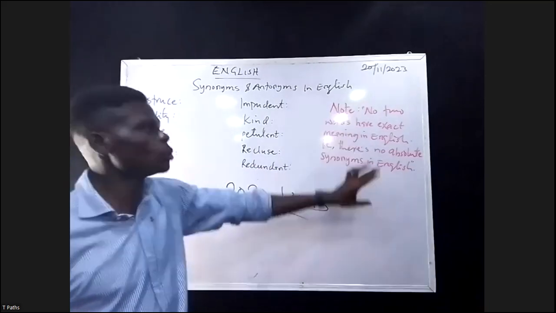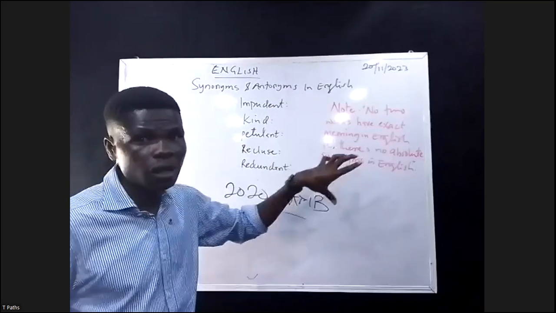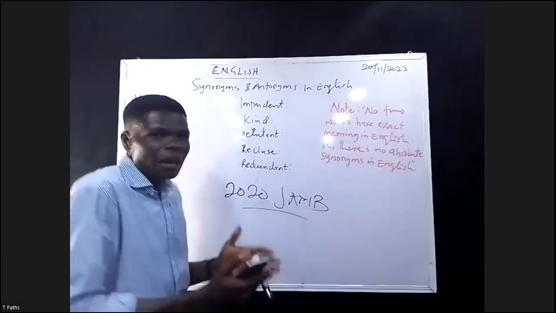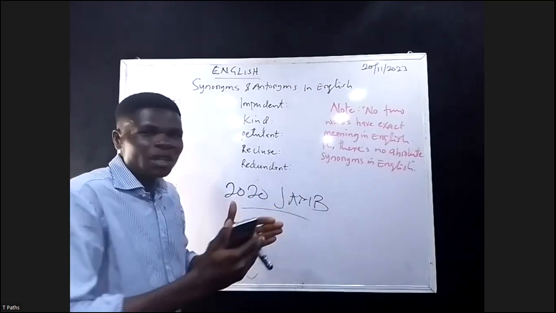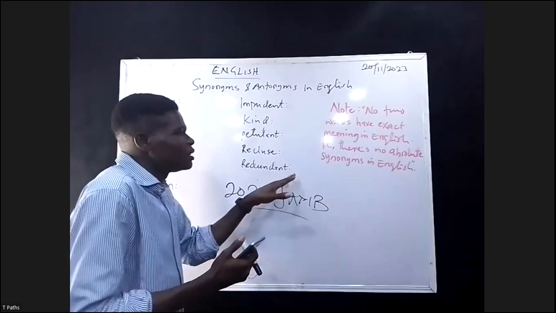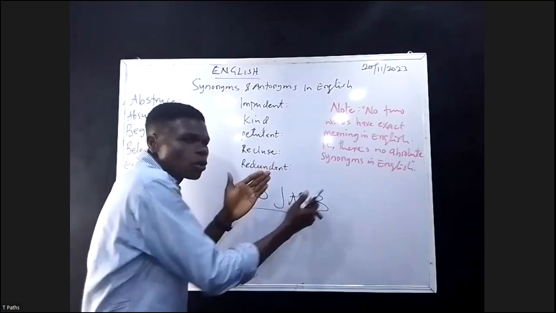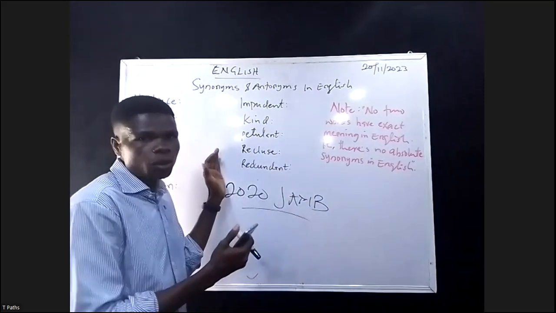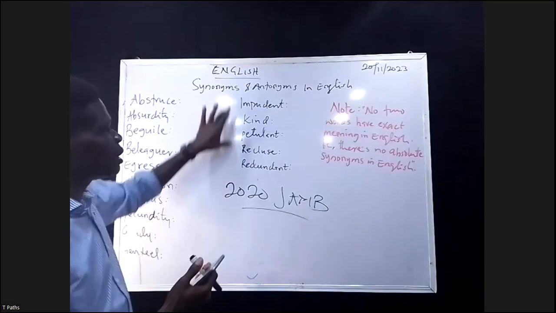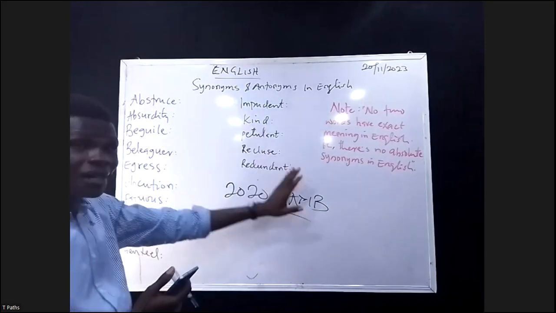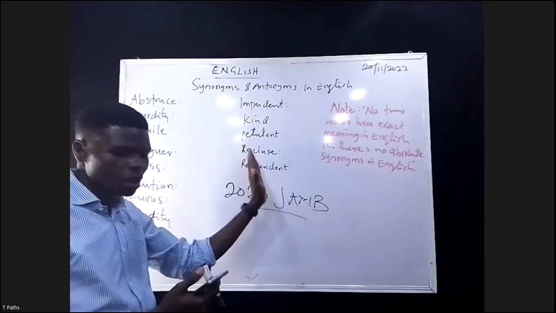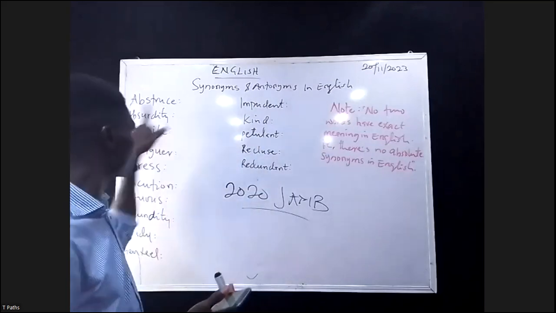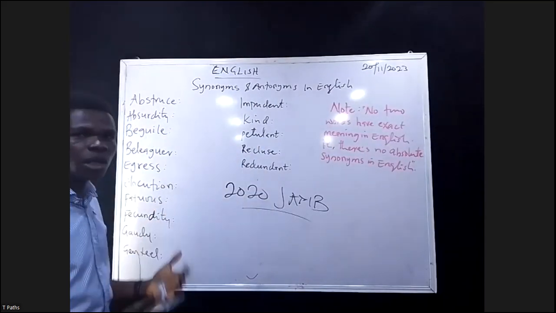Their meanings can be similar, they can be nearer in meaning, but not exactly that word. Look at the words I've listed here. I've mentioned words that come close in meaning to these words. See on the board, I've mentioned them.